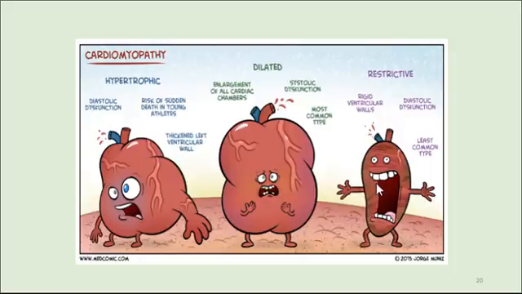Although restrictive cardiomyopathy is very rare, it can be caused by autoimmune diseases such as sarcoidosis, chemotherapy, chest exposure to radiation for cancer therapy, and hemochromatosis, which is an excess of iron in the blood. Most people with cardiomyopathy have idiopathic or primary, but some are secondary due to causes that I just discussed.